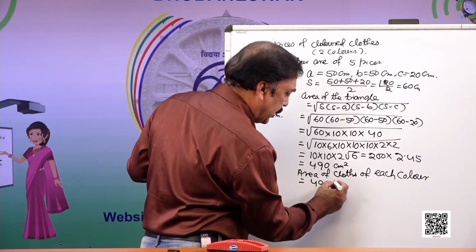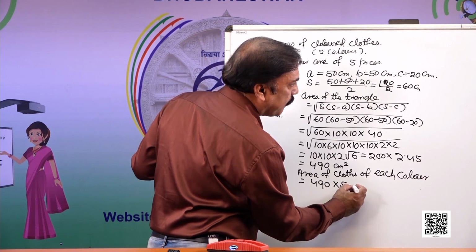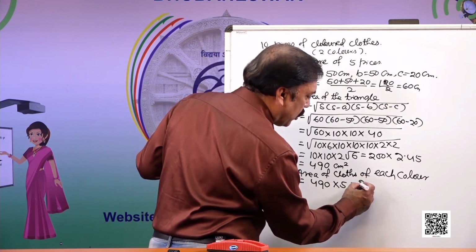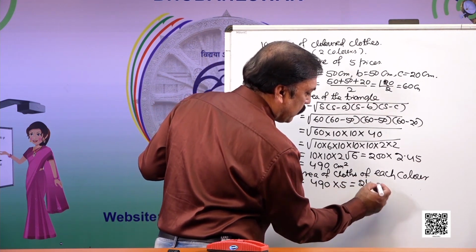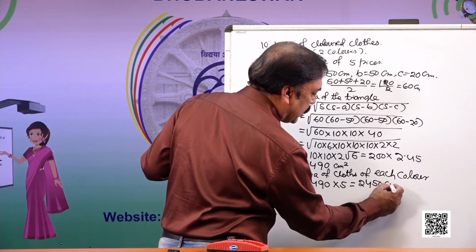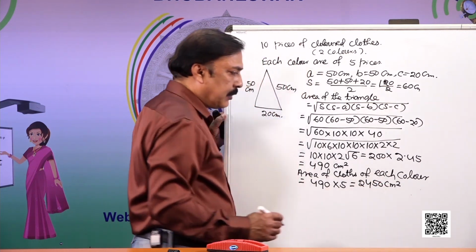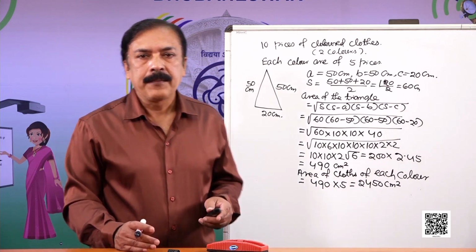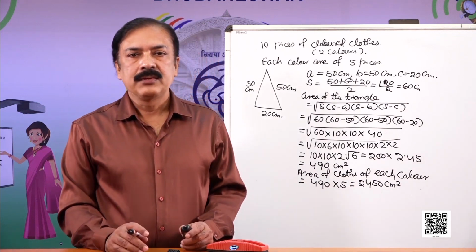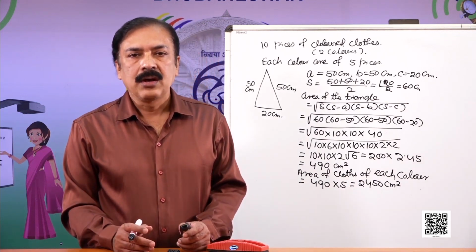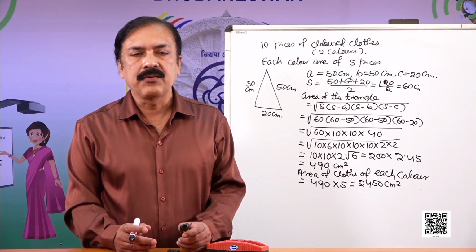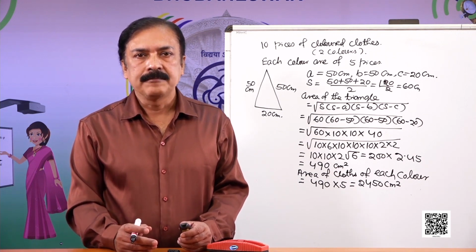So 490 into 5 gives 2450 centimeter square. Thus, we can find how much cloth of each color is required for the umbrella.